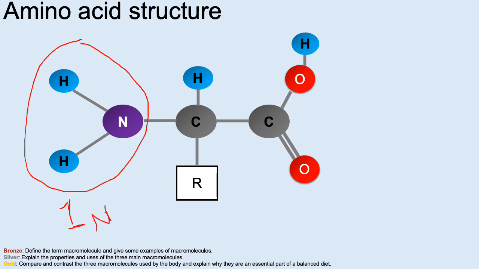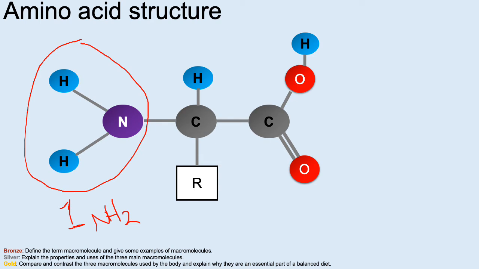So that can be made out of an ammonia molecule because ammonia is NH3. So if you remove a hydrogen from the ammonia, you get NH2, and that can be formed into an amine group, which can bond to the other parts of an amino acid to make an amino acid.